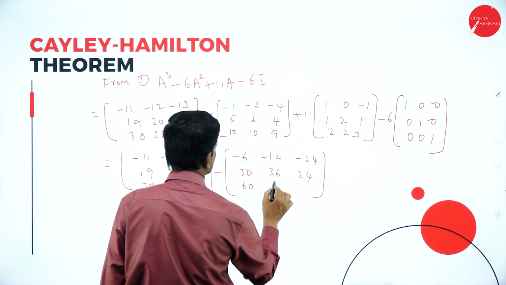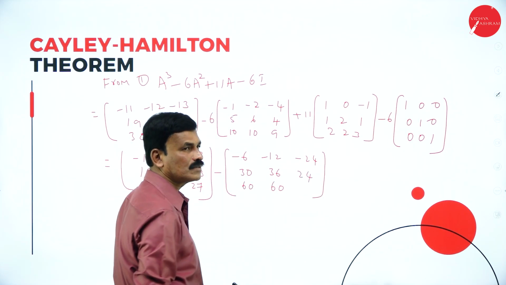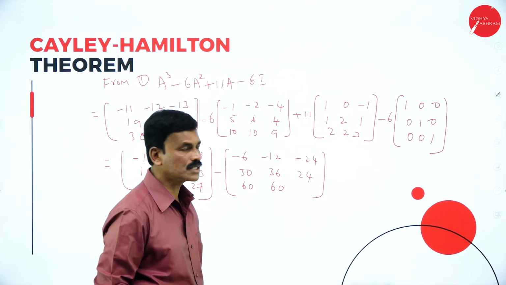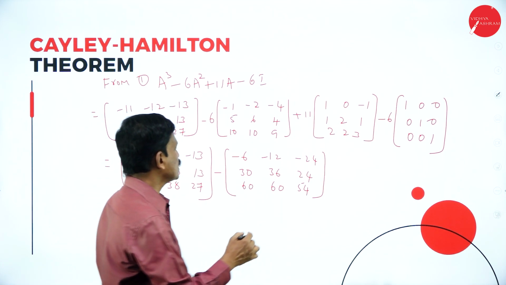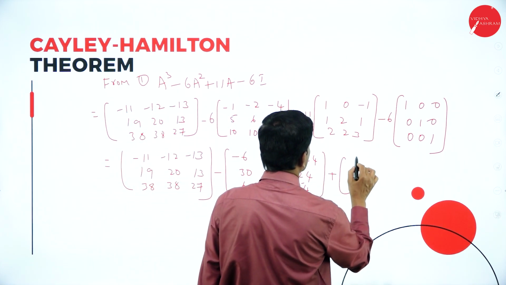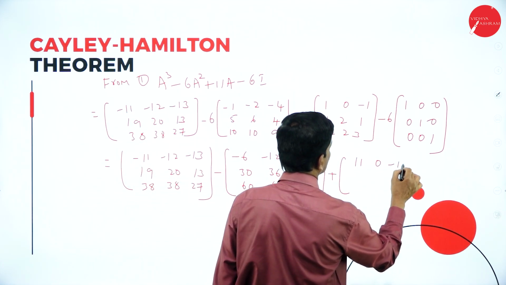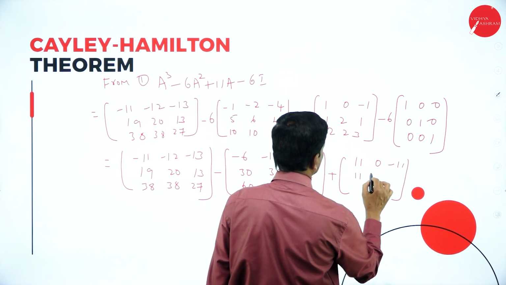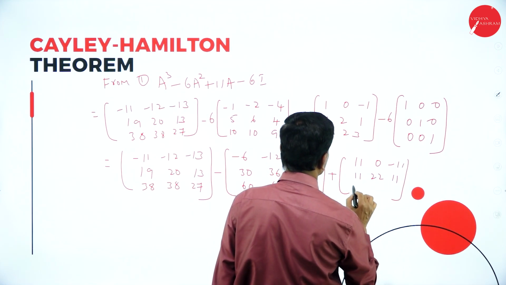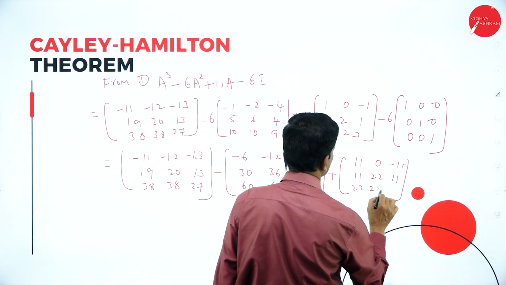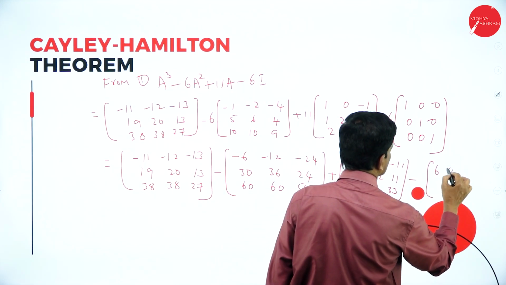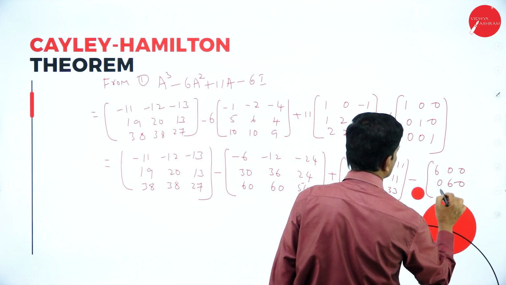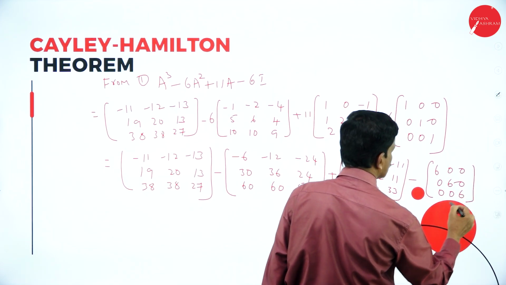Again this is 60, 60 and 9 into 6, 54. Plus multiply this by 11: 11, 0, minus 11; 11, 22, 11; 22, 22 and 33; minus 6, 0, 0; 0, 6, 0; 0, 0, 6.